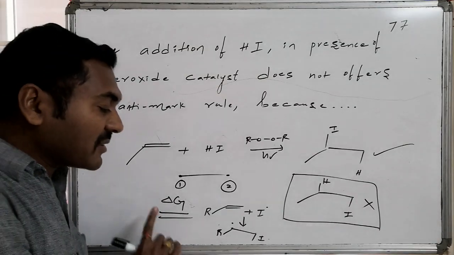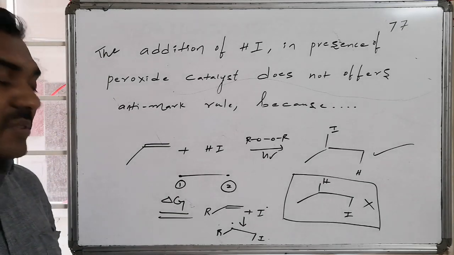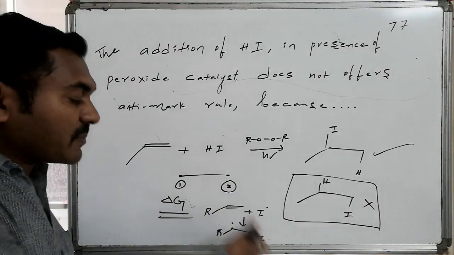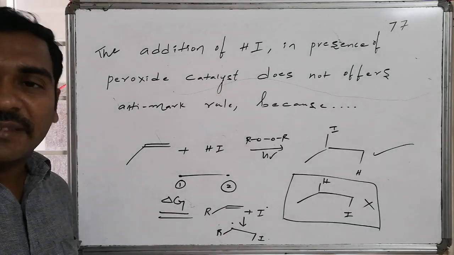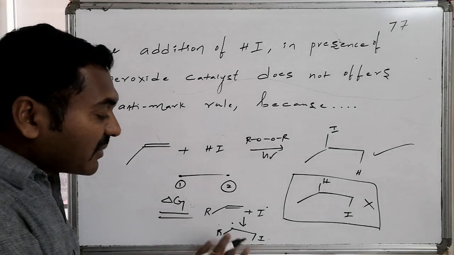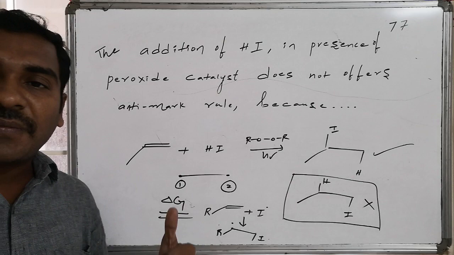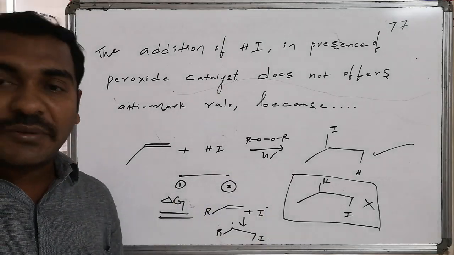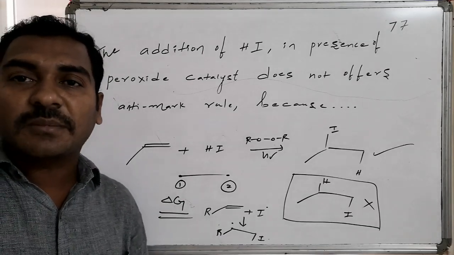That is this one. It is not the deciding one. It requires more driving force that we have to supply from outside, which is non-spontaneous on its own. To make it spontaneous, we have to supply a lot. That is not possible. Hence, this particular addition is non-spontaneous. Addition of hydrogen iodide over the double bond in the presence of peroxide to generate the anti-Markovnikov product becomes not possible.